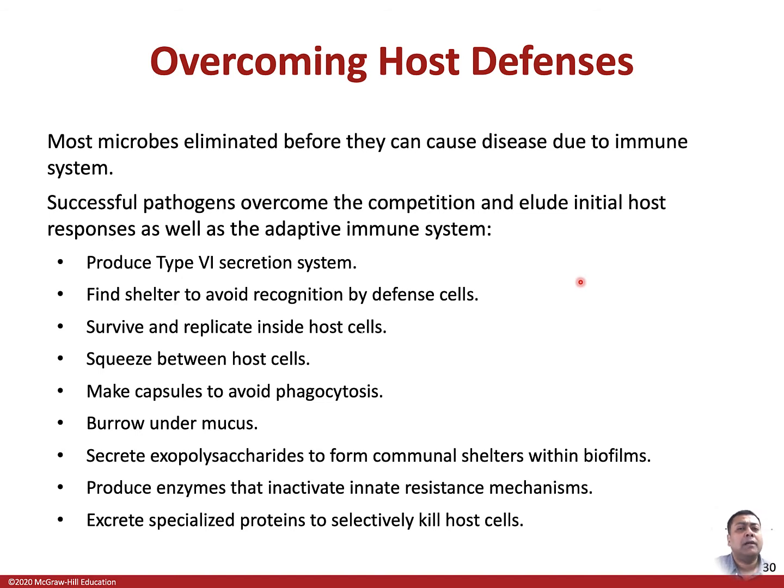So what are the different strategies that these pathogens use to exploit our immune system, or basically fool our immune system? One of them is the type 6 secretion system. This is used by many bacteria, and you can think of it as a molecular nanomachine.